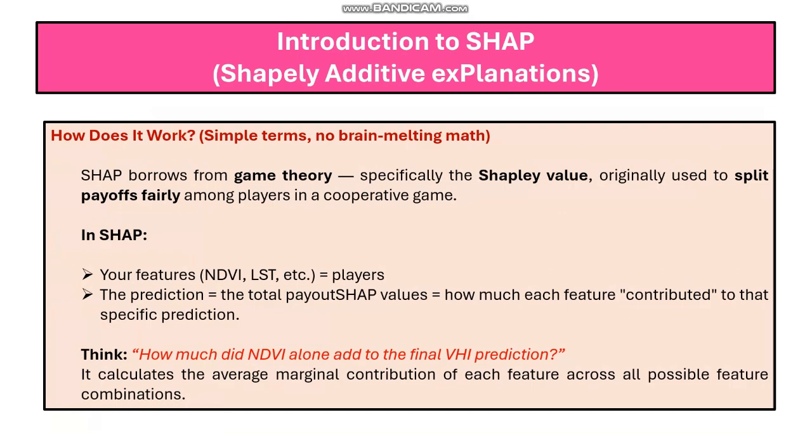For example, you can think of the input features you're giving, say NDVI, LST, precipitation, soil moisture content, as the players. The final prediction is the total payout, and the SHAP values show how much each feature contributed to that specific prediction. Think of how much NDVI alone added to the final prediction. It calculates the average marginal contribution of each feature across all possible feature combinations.